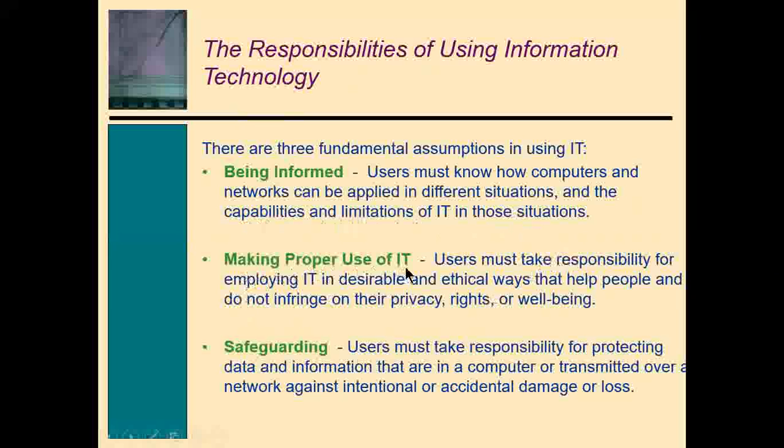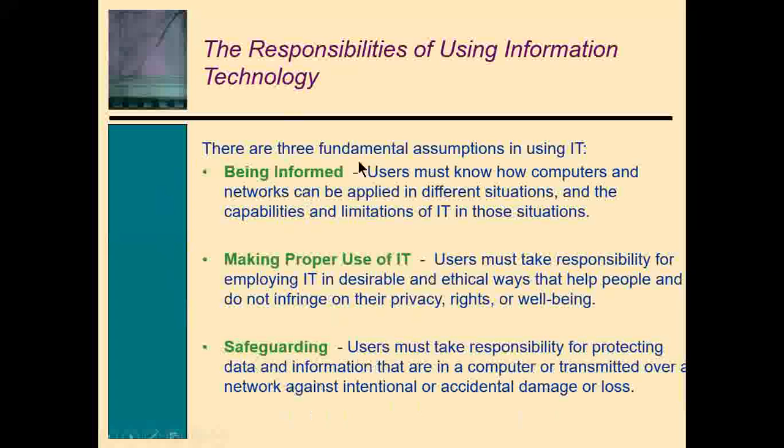Making proper use of ICT, users must take responsibility for employing IT in desirable and ethical ways that help people and do not infringe on their privacy rights and well-being. Safeguarding. Users must take responsibility for protecting data and information that are in the computer or transmitted over a network against intentional or accidental damage.